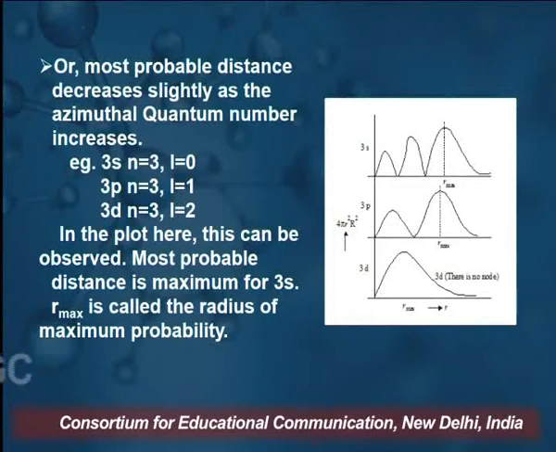For 3s, 3p and 3d, 3s l is equal to 0, 3p l is equal to 1, 3d l is equal to 2. Here in this plot also, it can be observed that the most probable distance is maximum for 3s. r maximum is called the radius of maximum probability.